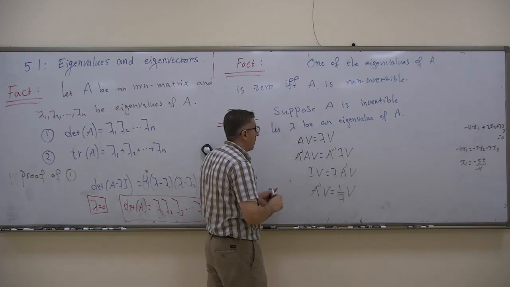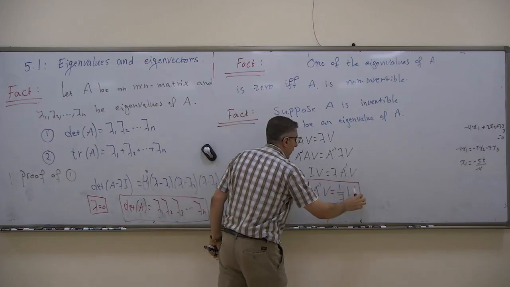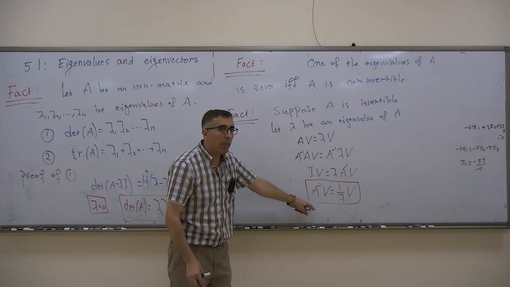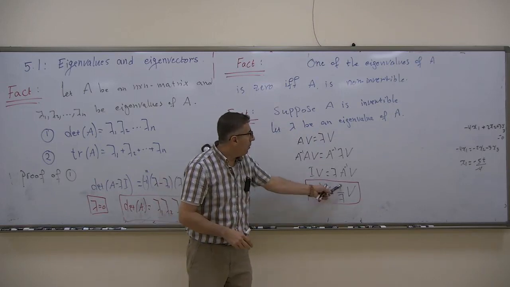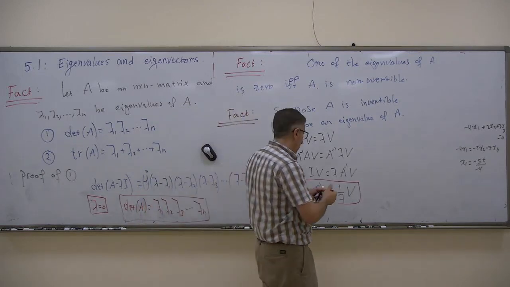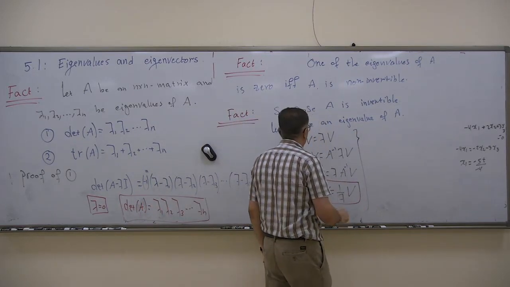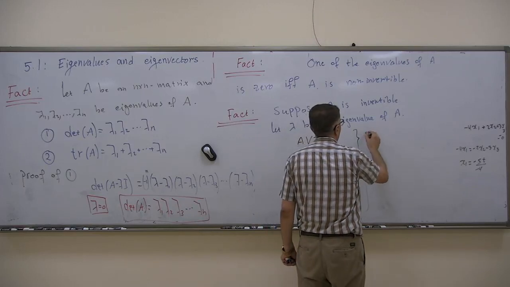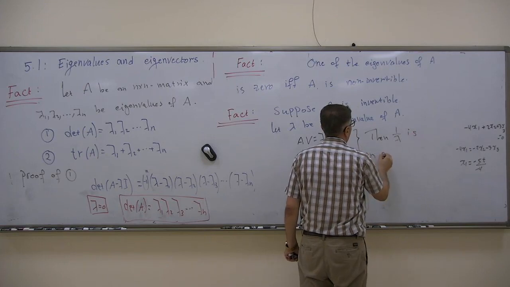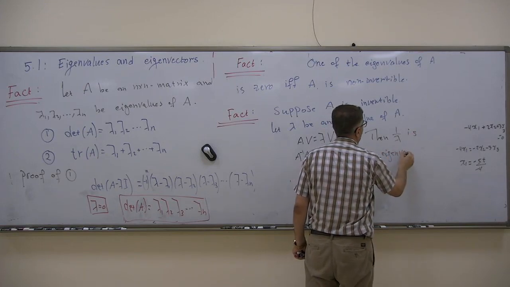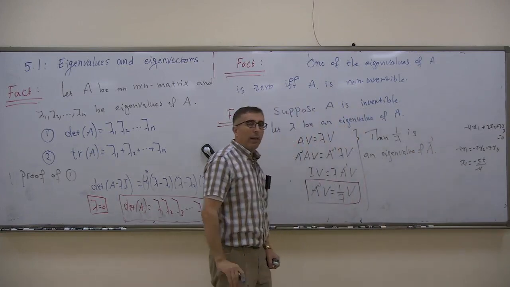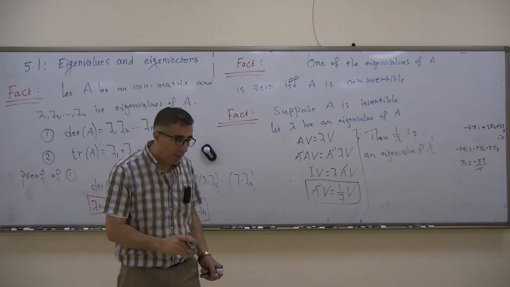So from here, what can you say? Let lambda be an eigenvalue of A, invertible. What do we get? We get 1 over lambda is an eigenvalue of A inverse. So here, the conclusion: then 1 over lambda is an eigenvalue of A inverse. And here we can ask you an easy but actually challenging question.